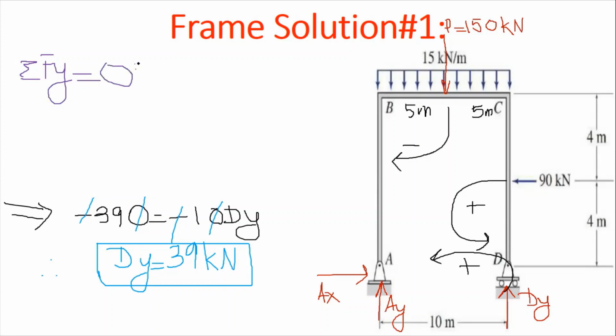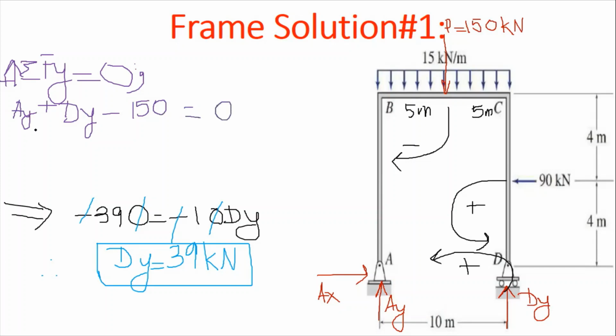Vertical forces sum is equals to 0 and upward direction is positive. So AY plus DY minus 150. There is no other vertical force, only AY, DY and minus 150.